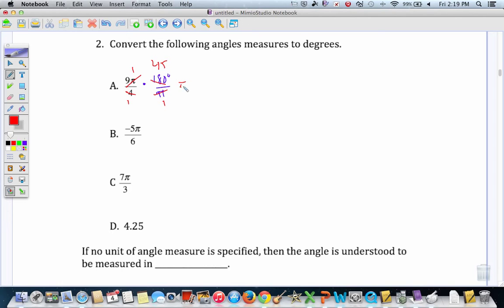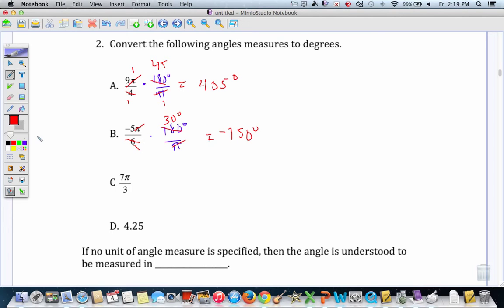So I have 1 and 45, and that winds up getting us 405 degrees as our degree measure. A couple more times fairly quickly. 180 degrees divided by pi. We'll go ahead and cancel the pi labels. 6 and 180 can go down to 1 and 30.